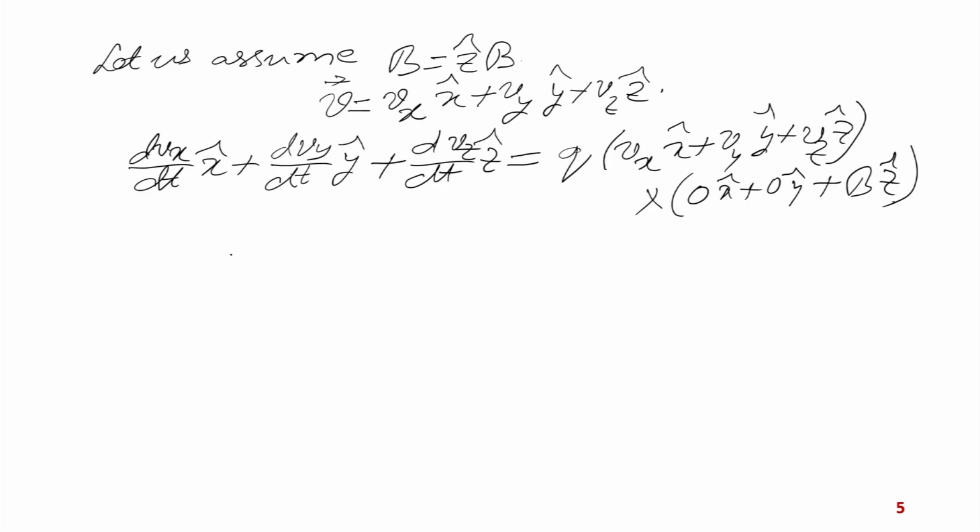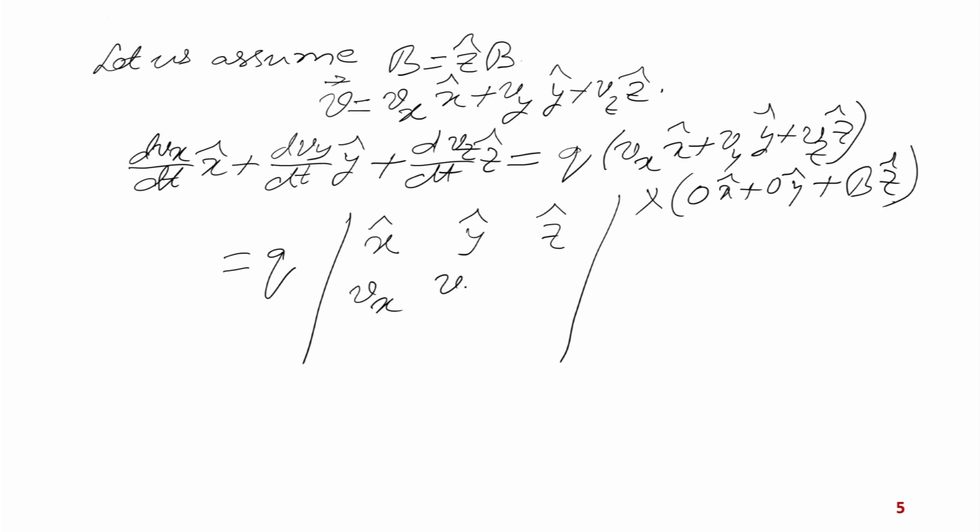So, this you can write in the determinant form. It will be x unit vector, y unit vector, z unit vector, then V x, V y, V z, then 0, 0, B. So, now I can write this.